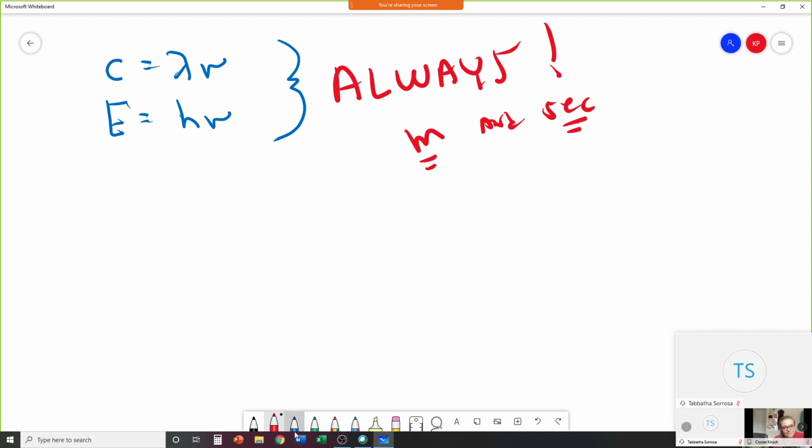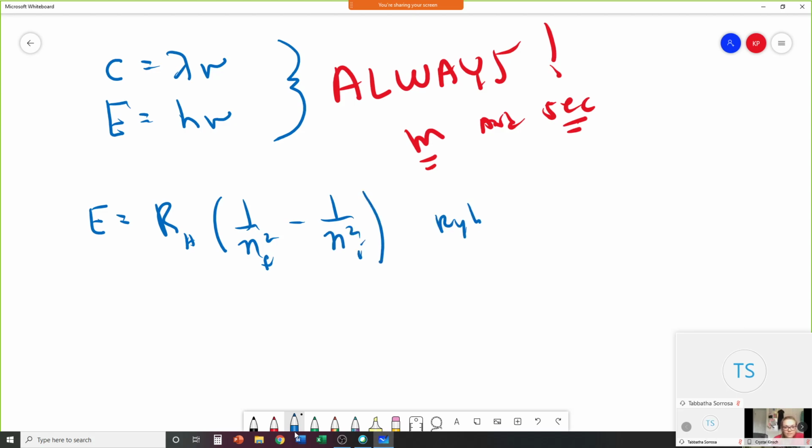And our next equation that we have is R sub H, with n squared. And this is the Rydberg. And it's really only useful for hydrogen, but you still need to be able to do it, all right?